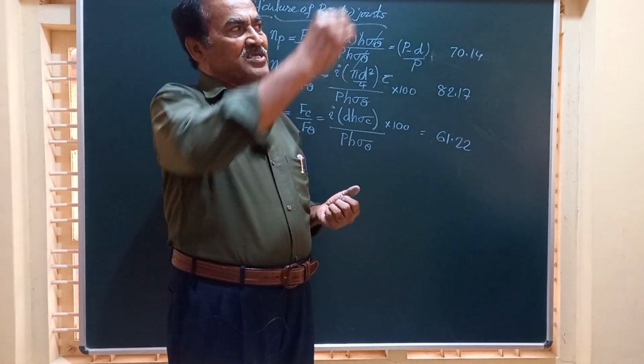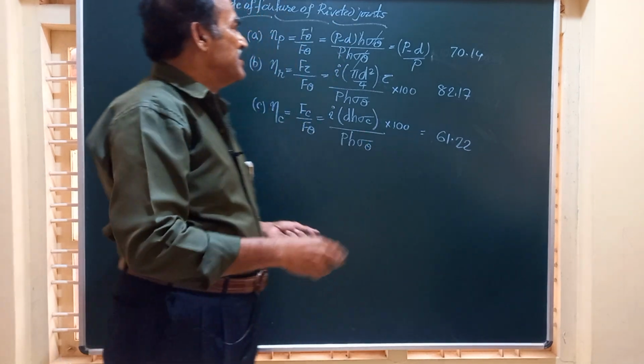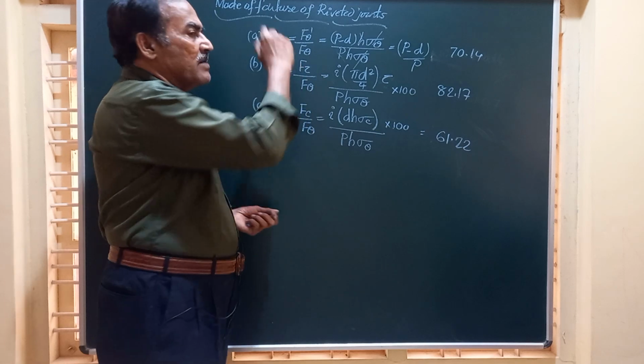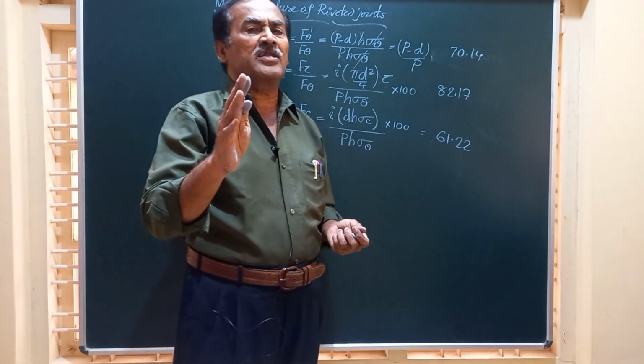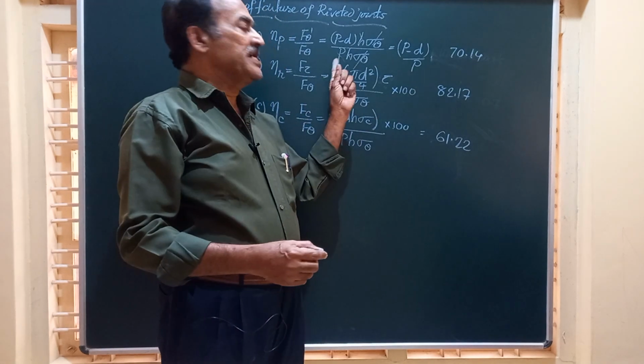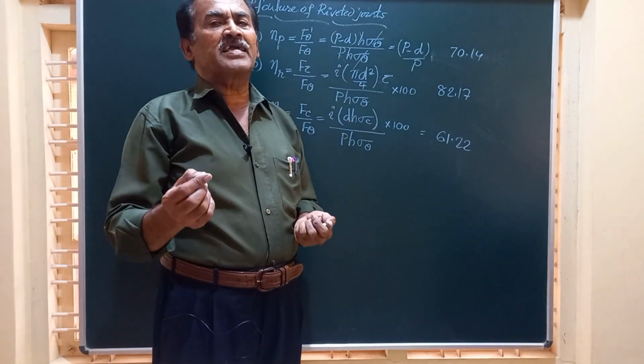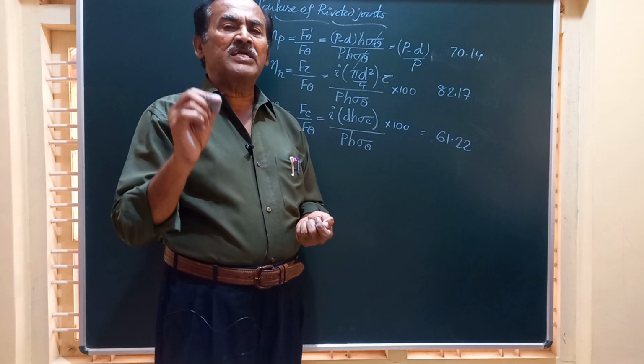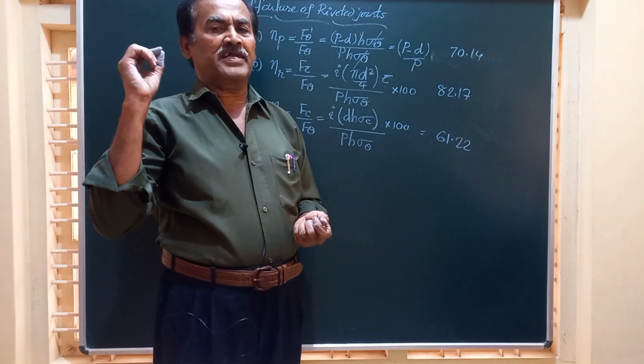So I will state once again, in any joint, if eta P has the least value, then the efficiency of that joint is the eta P value, and we say the mode of failure is by tearing off the plate.